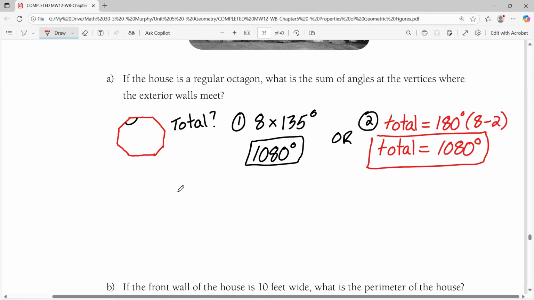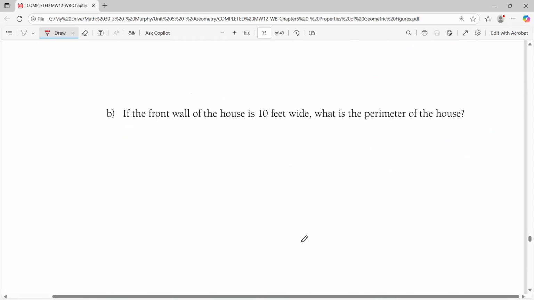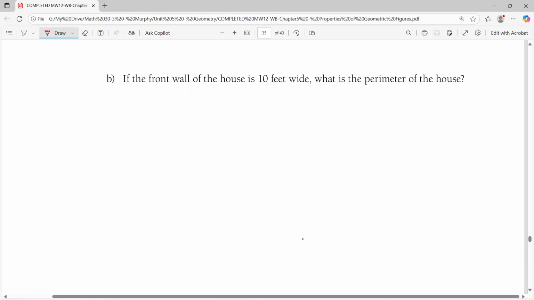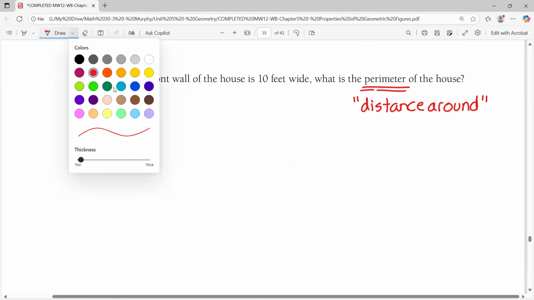Okay. B, if the front wall of the house is 10 feet wide, so one of the sides is 10 feet, what is the perimeter? Perimeter is distance around. Okay.